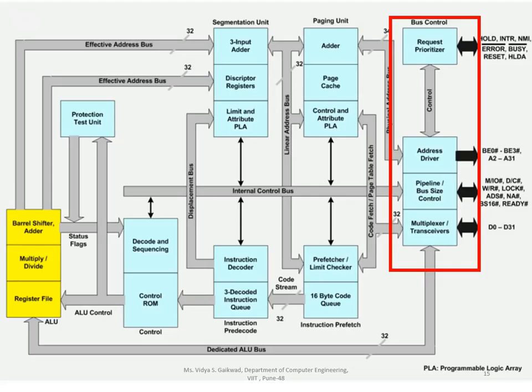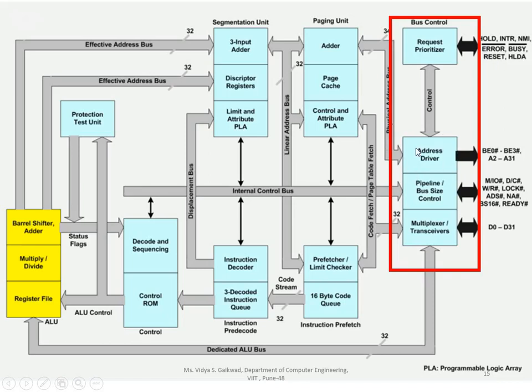Then next we have the bus interface unit, this one. So we have a prioritizer in this. We have the address drivers and we have the multiplexers or transceivers, and a pipelining of control signals has been done here. So let's see in detail. See, for this prioritizer, these are the signals which are given as input: hold, interrupt request, non-maskable interrupt, error, busy, reset, and hold acknowledge, right?